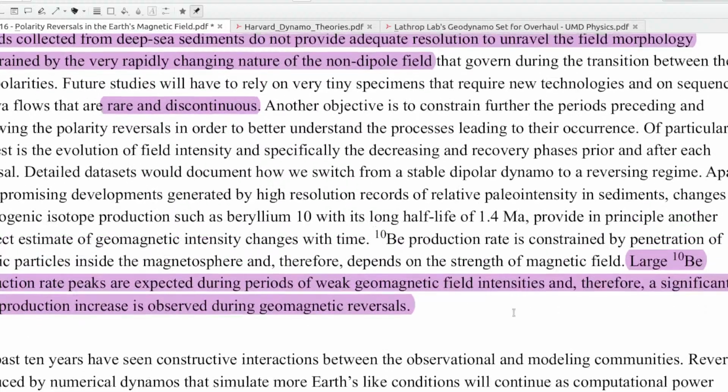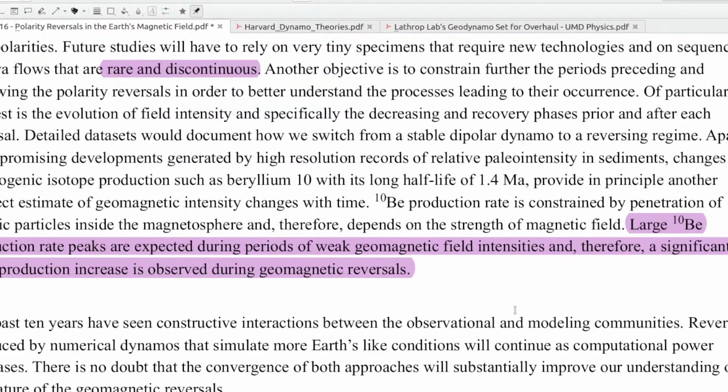So 1 Ma is called a mega annum, and that is equivalent to 1 million years. Beryllium-10 has that nice long half-life of 1.4 mega annum.